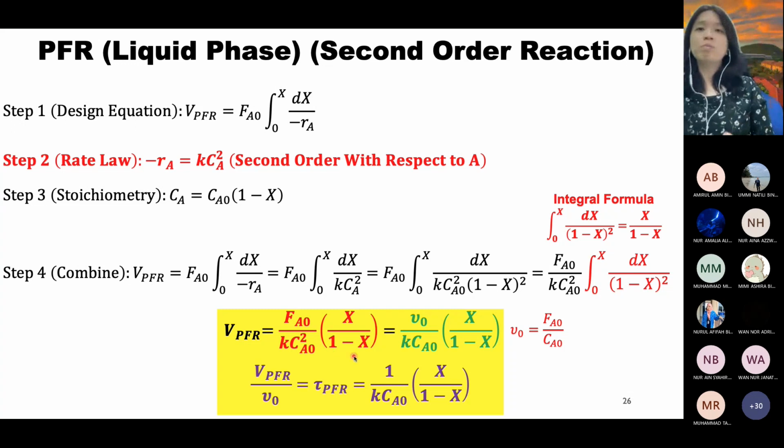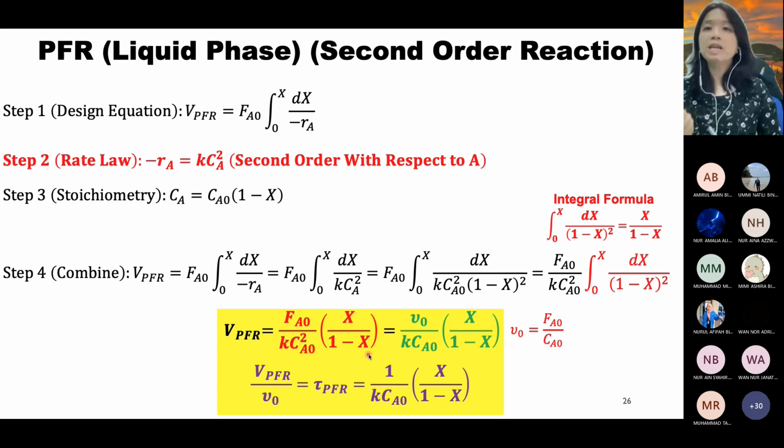So kamu tengok equation ni dah berubah kan, lain daripada equation yang tadi kan, sebab equation yang tadi untuk first order, equation ni untuk second order reaction. So again, this equation in the red color is given to you, tetapi syarat dia is only applicable to your system if you are designing for PFR, second order reaction, means second order with respect to A, and it is liquid phase.